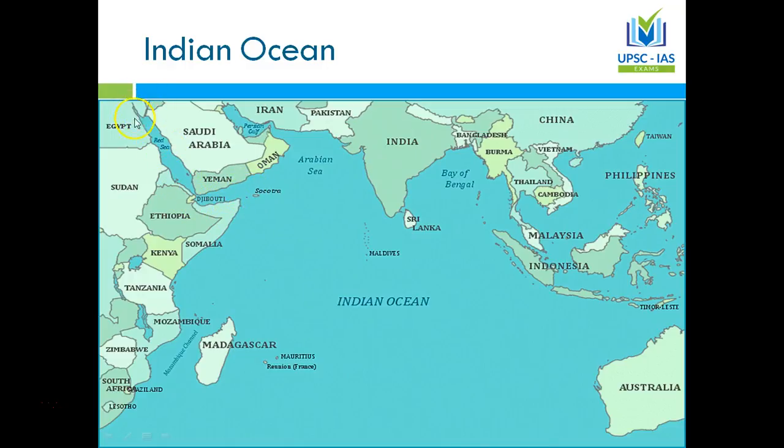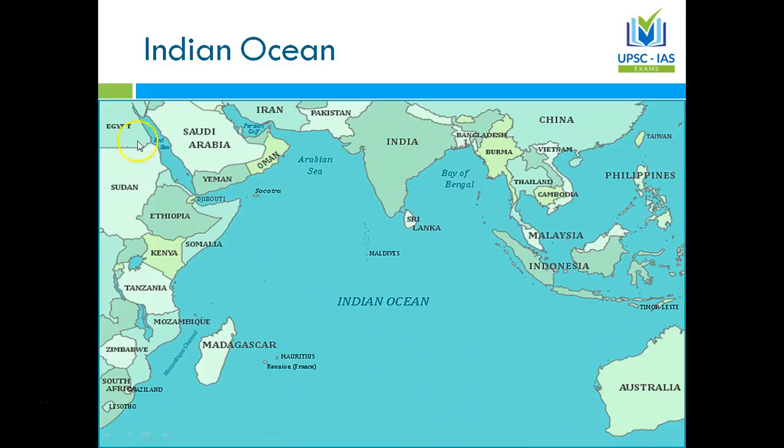It will enter this canal, I forgot the name, the Suez Canal. Yes, Suez Canal. Sorry, this happens because it is a live lecture and I don't have any notes. Anyways, from here it enters the Mediterranean Sea. If you open your world map, you will find the Mediterranean Sea a bit north of Egypt, and from there it reaches the European market.